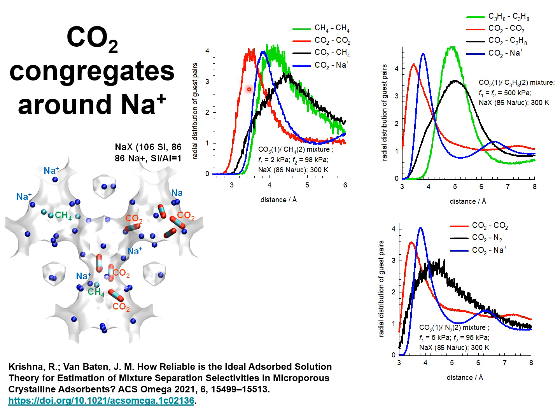This non-homogeneous distribution leads to deviations from ideality, that is, thermodynamic non-idealities. The same is true for mixtures of CO2 and propane.